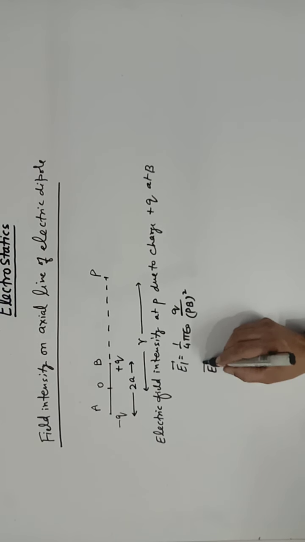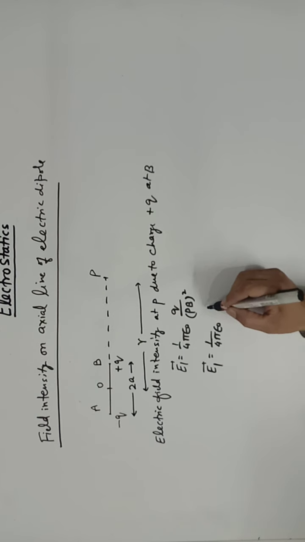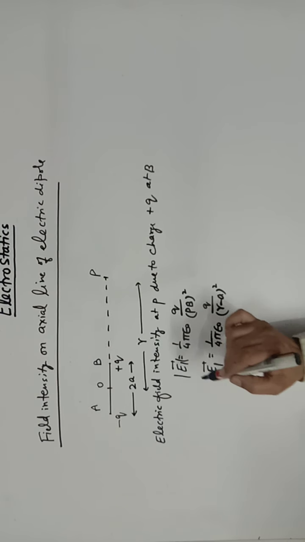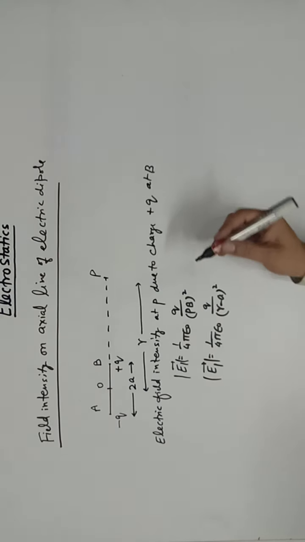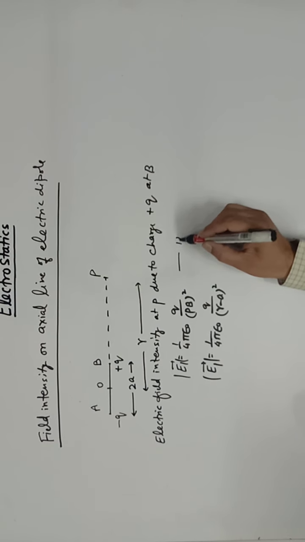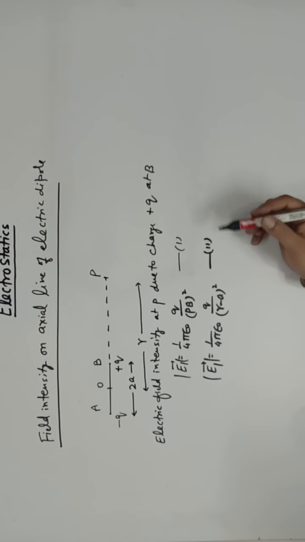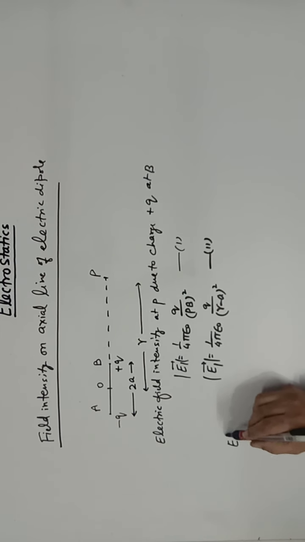E1 is equal to 1 upon 4 pi epsilon naught q upon r minus a whole square. We write this value like this because we are not going to write the vector form. So this is equation number 1, and this is number 2. It is the value of the field at the point P due to charge plus q.